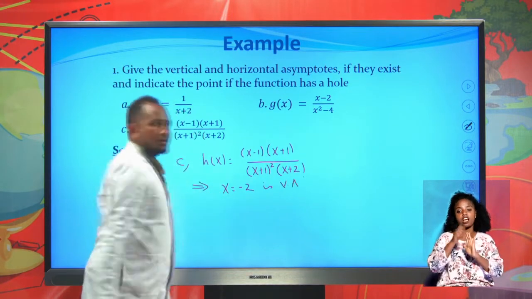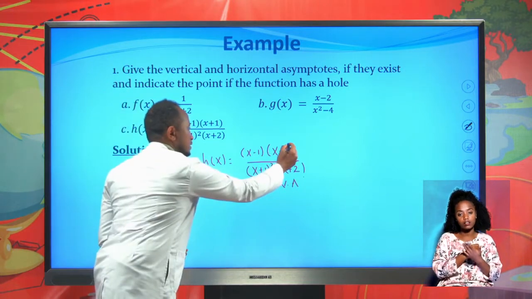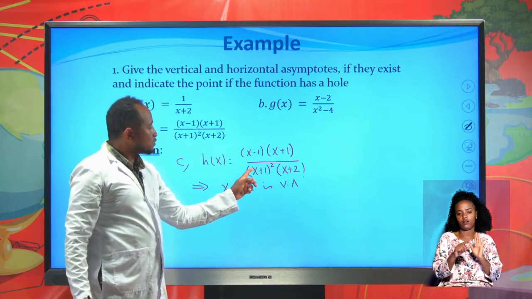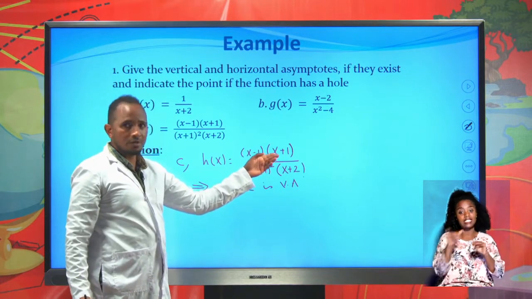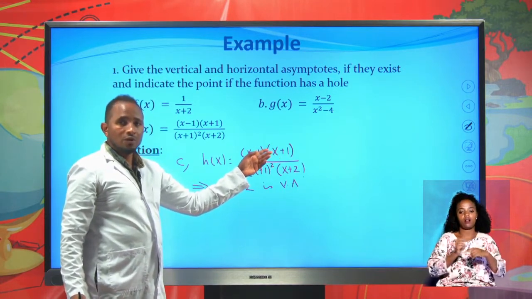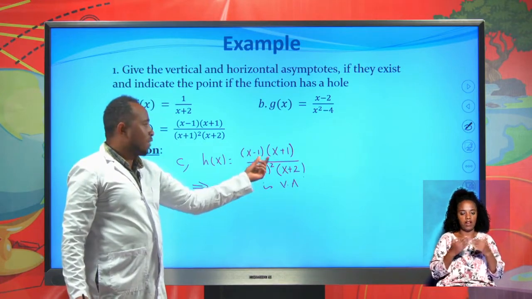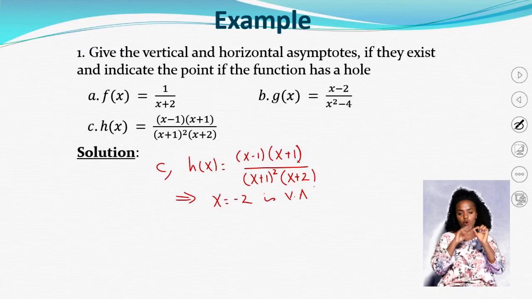Let's take another point. If you take minus 1, it makes the denominator 0. Not only this one, it also makes the numerator 0. So we need to further simplify this to decide whether the function has a hole or a vertical asymptote at this point.